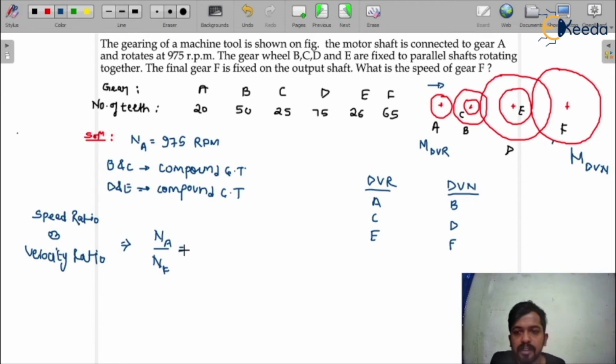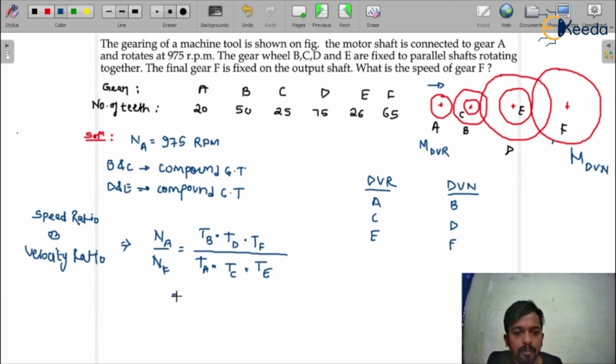Since the number of teeth is inversely proportional to the speed, this is the driver and this is the driven, so the driven teeth come in the numerator: the product of the number of teeth on the driven, that is TB multiply TD multiply TF. Similarly, for the denominator, TA multiply TC multiply TE.